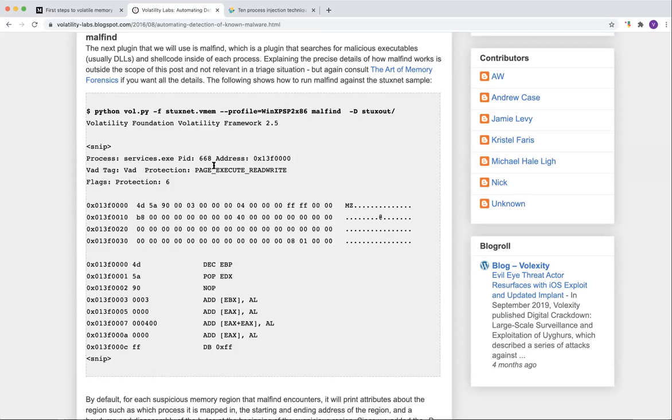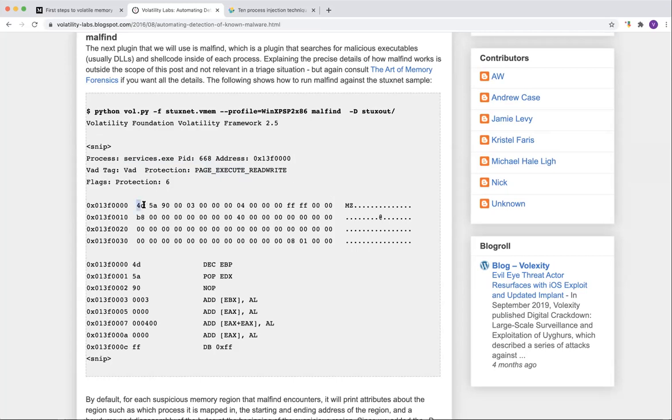Suppose in this diagram you can see, it's a snip of one of the processes from a huge output, that services.exe, running with PID 668, has one page set with permission page execute. And when I looked at that page, I saw something interesting.